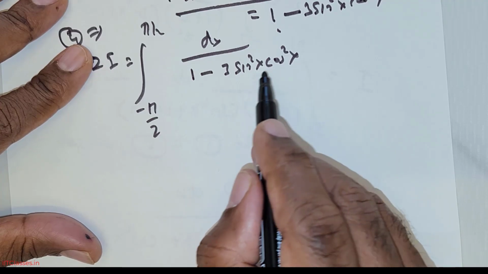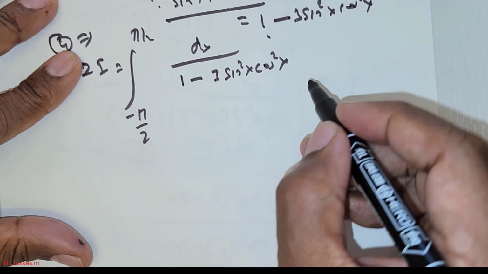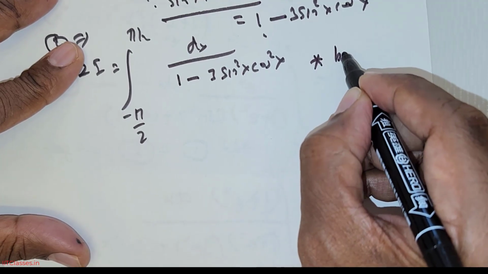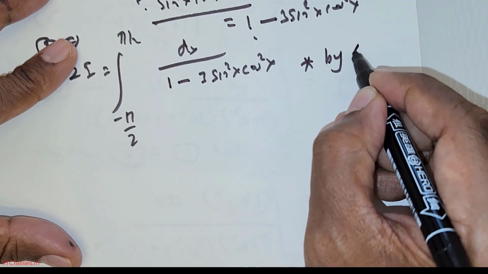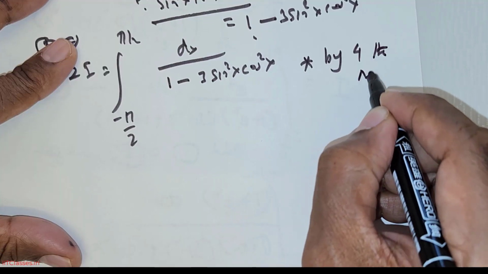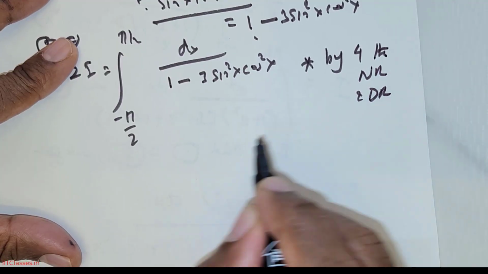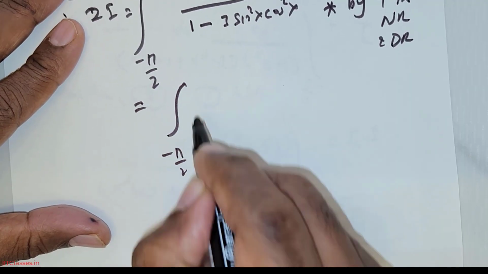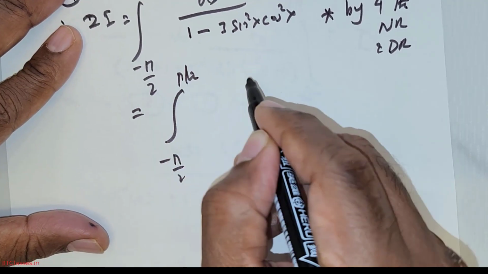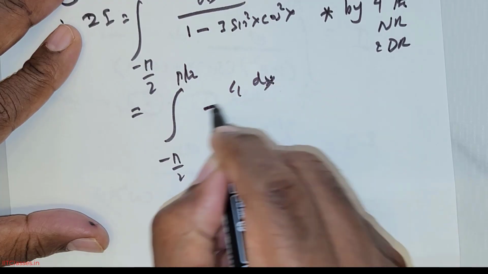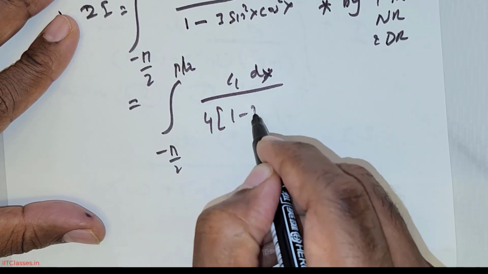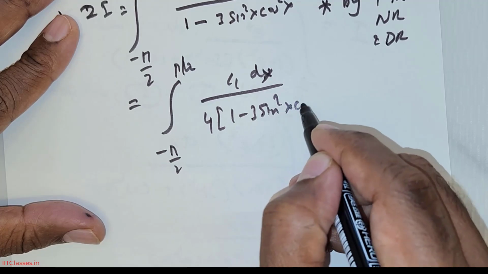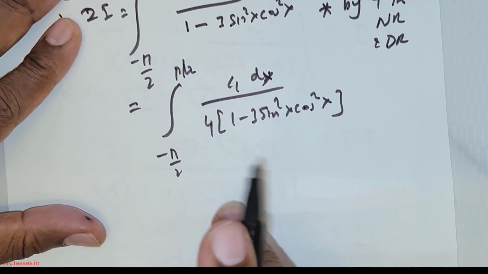Before I divide this by cos squared x, I will multiply the numerator and denominator by 4. So this is equal to the integral from negative pi over 2 to pi over 2 of 4 times dx divided by 4 times (1 minus 3 times sine squared x cos squared x).